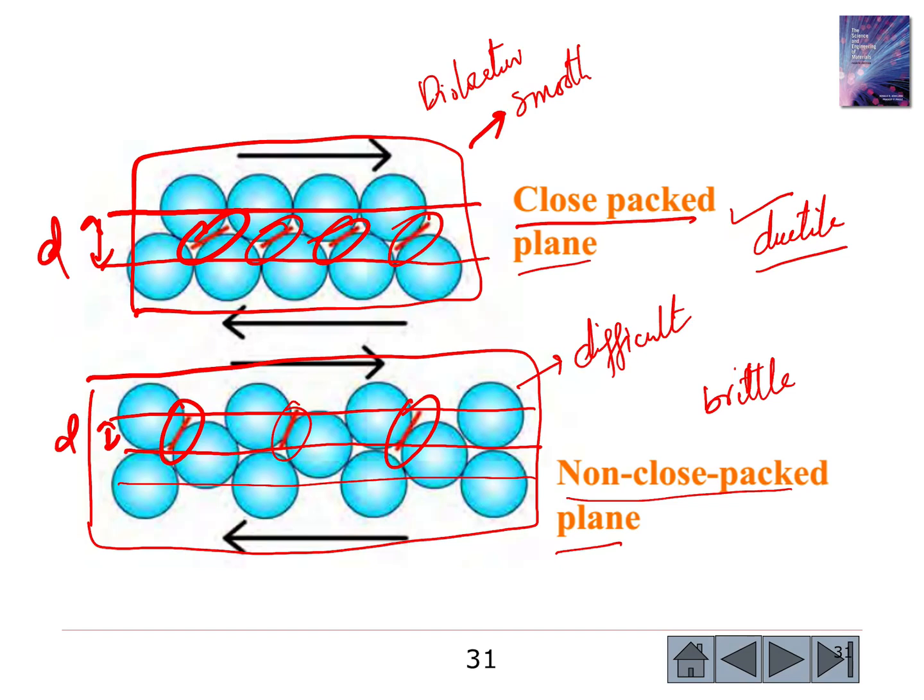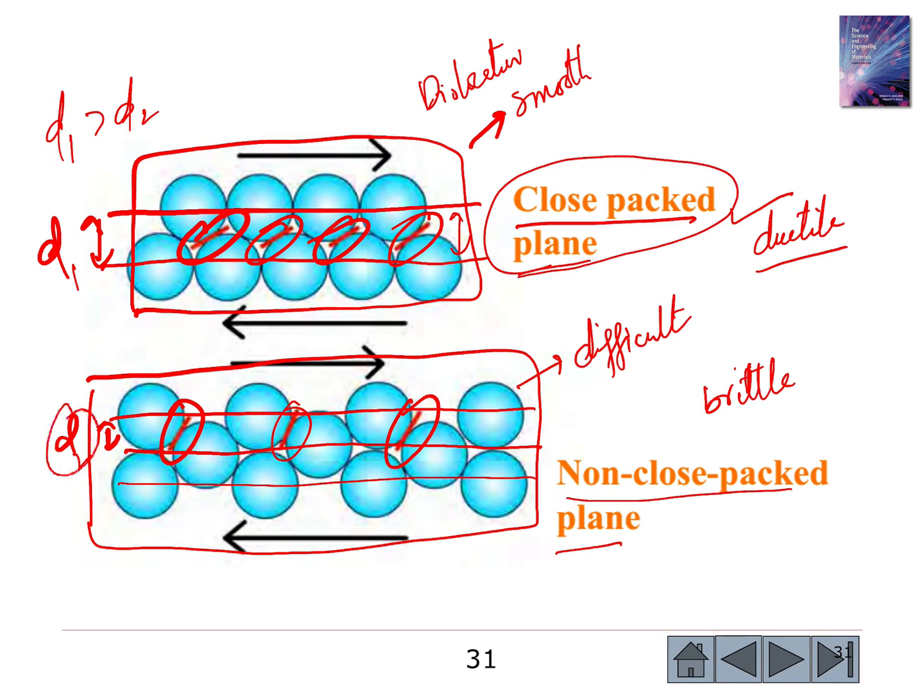From visual inspection, let's say this is d1 and this is d2, d1 is greater than d2, right? So if the planes are close packed, the interplanar distance or spacing will be higher. If they are non-close packed, the interplanar distance or spacing will be small, right?